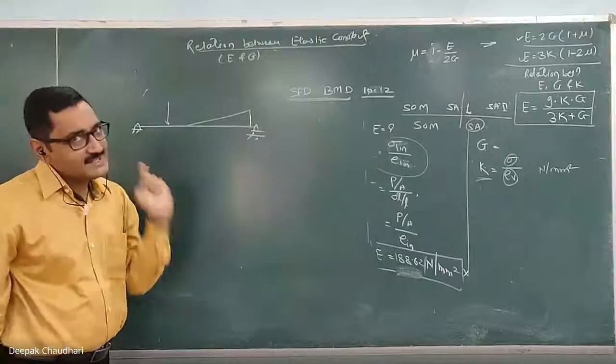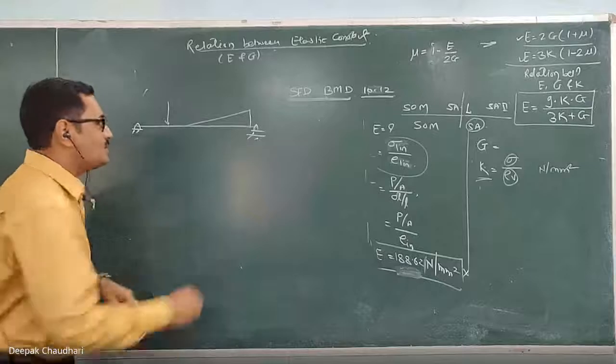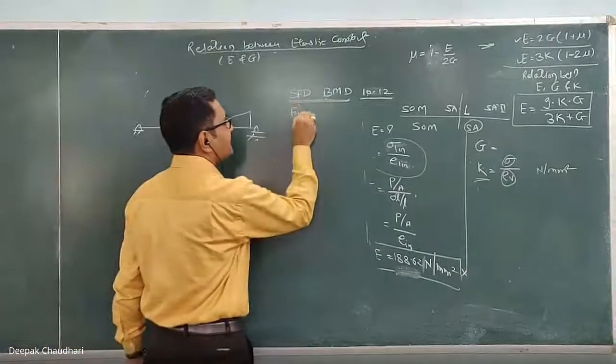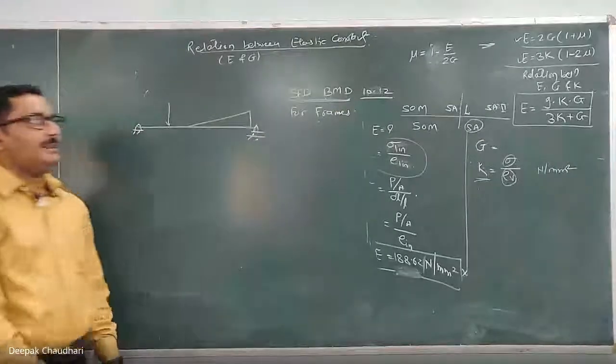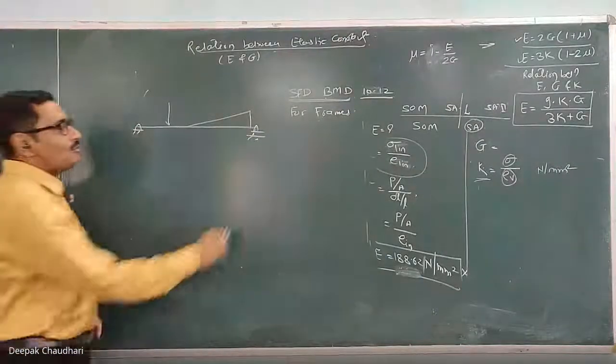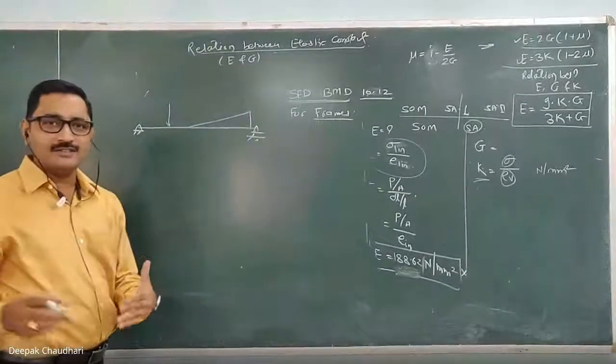Now for civil students, apart from that, there is one very important lesson: the shear force and bending moment diagram for frames, which is not in mechanical. A frame means a number of members are connected together.